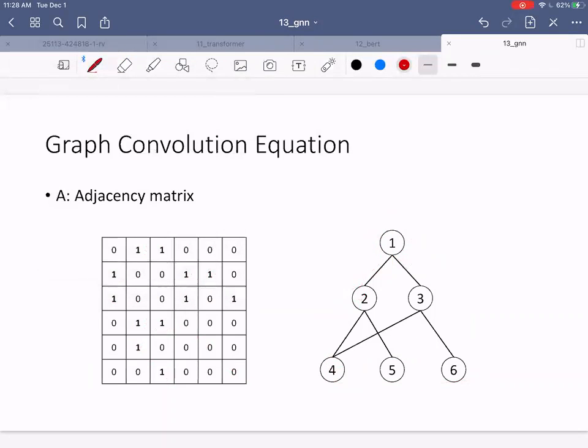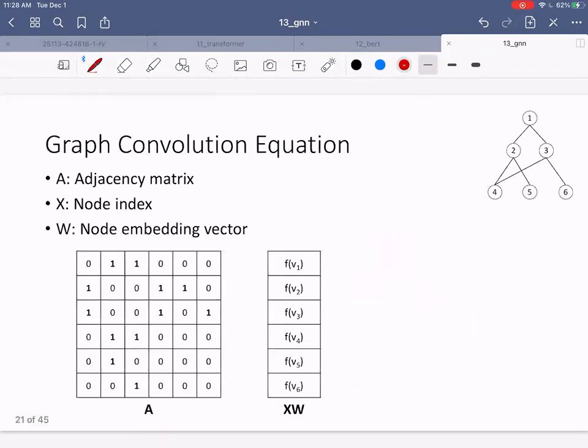Right, moving on. So this is the adjacency matrix, and now you need something called node index and node embedding vector. Node index is like, this is node number 1, this is node number 2, 3, 4, 5, 6. When you multiply the node index with an embedding matrix, you can have these node embeddings or node features, XW. W is a matrix with just 6 rows for now.